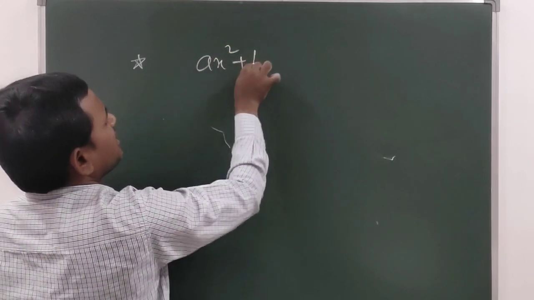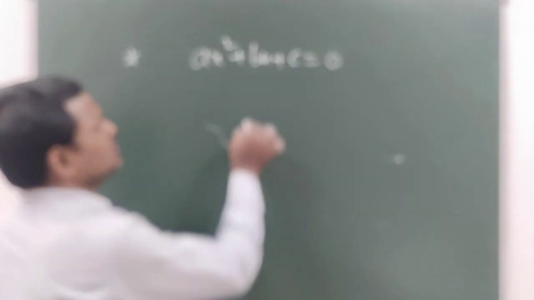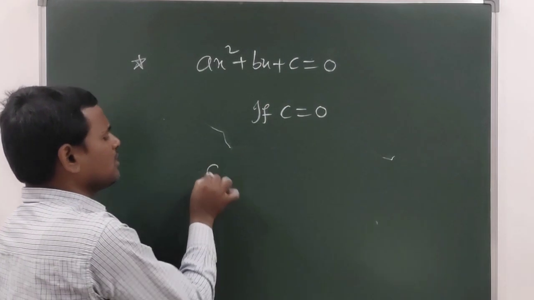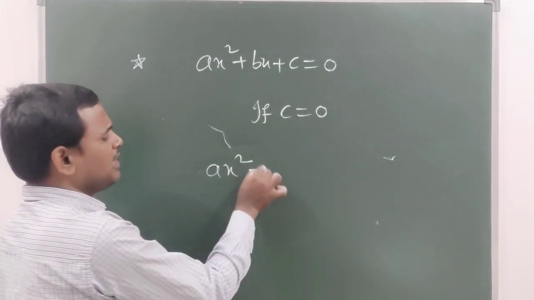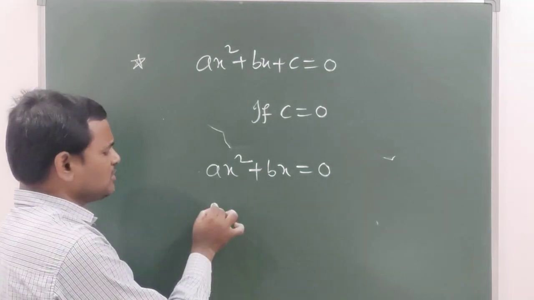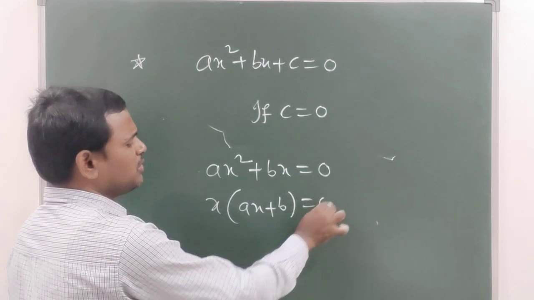Now let us take the standard form of the quadratic equation. Suppose if you take c is 0, then what kind of roots do you get? ax square plus bx is equal to 0. When you take x common, you get x(ax plus b) is equal to 0.